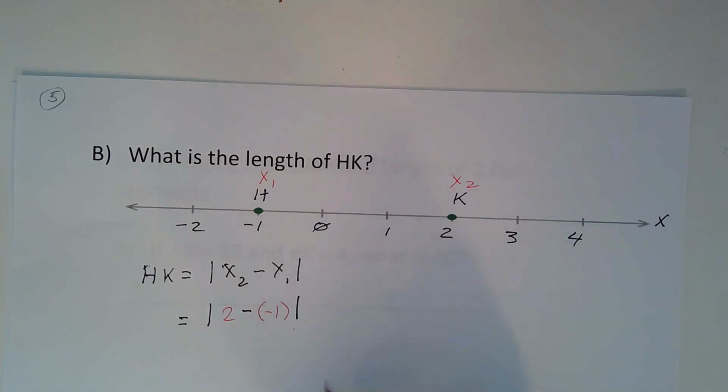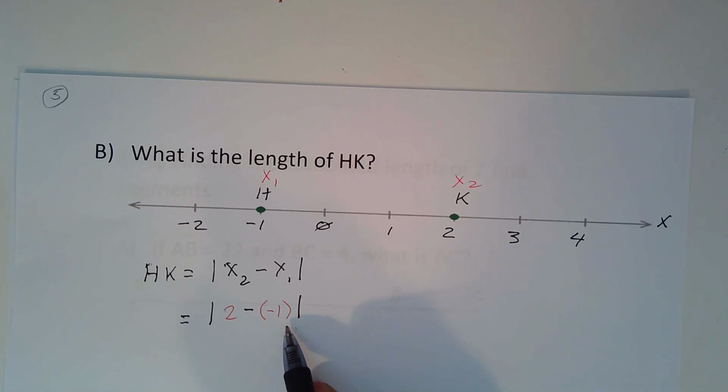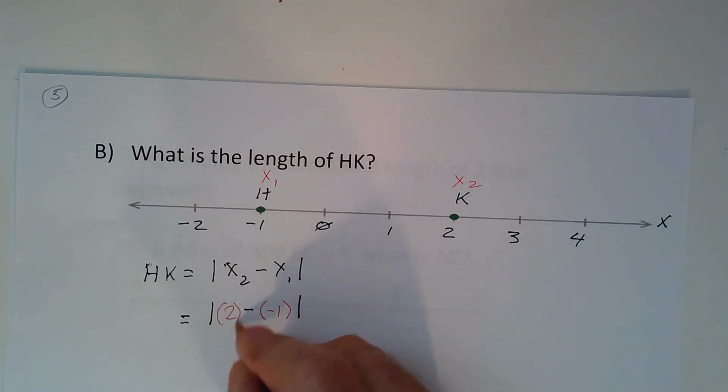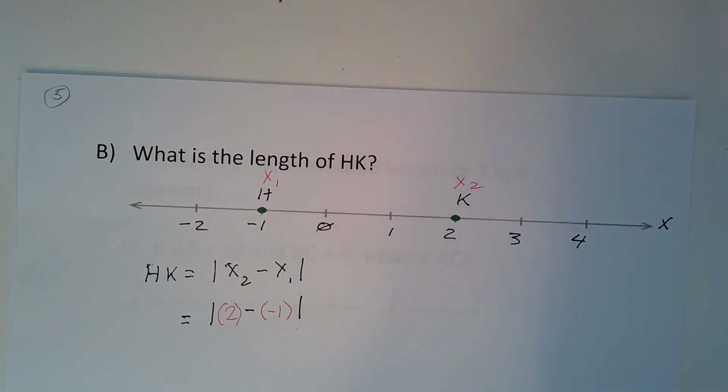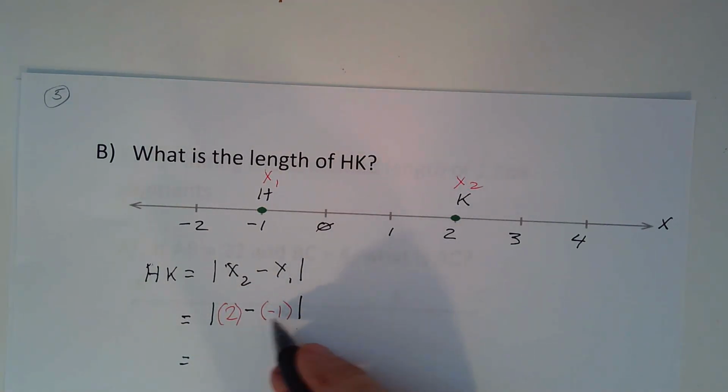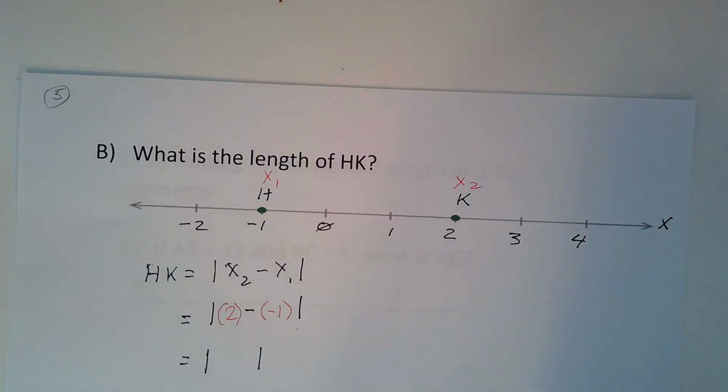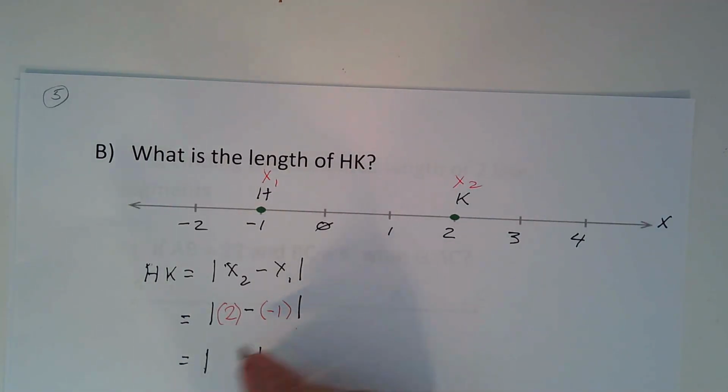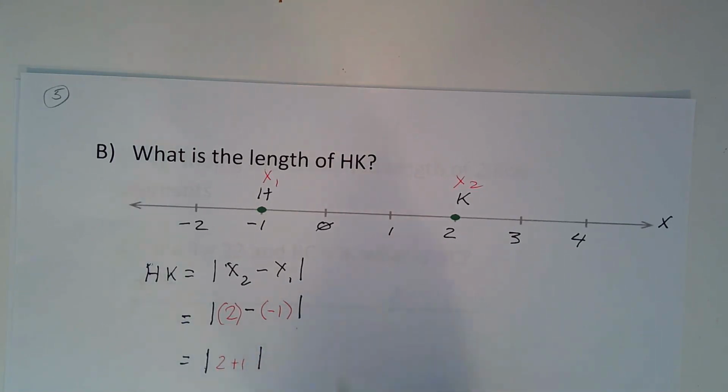And it actually is always good practice whenever you are substituting in values for a variable like this, that you always put it in parentheses. So we could put the 2 in parentheses as well. Okay. All right. So this then would equal. Now a negative negative 1 is a positive 1. So when we simplify this, we have the absolute value of 2 plus 1. And of course, that is, again, the absolute value of 3.